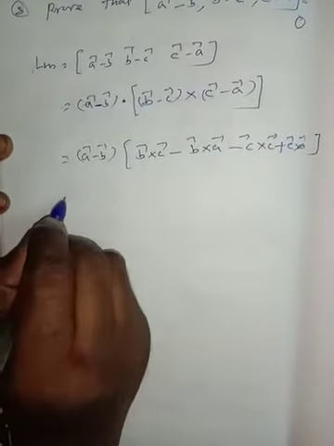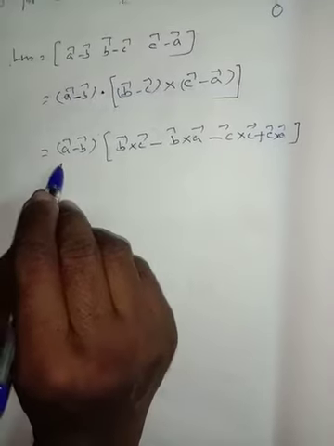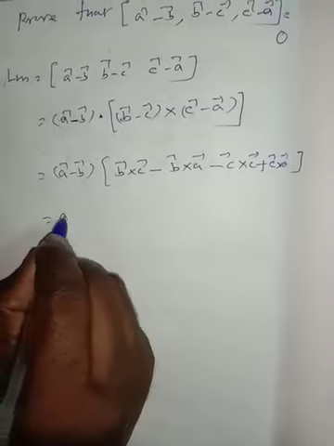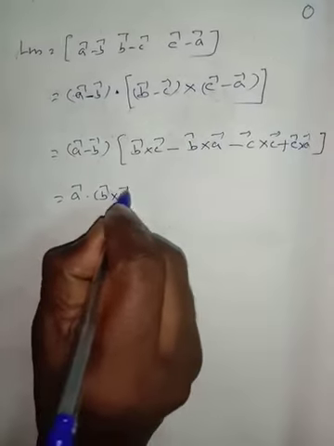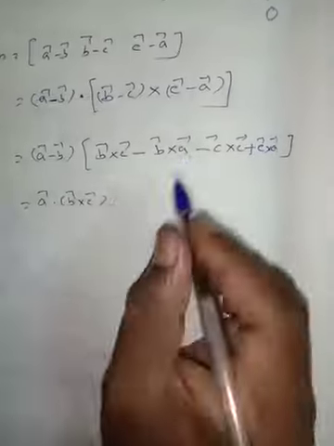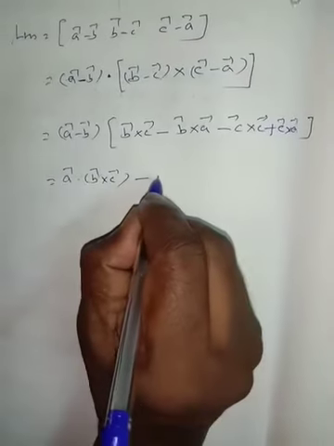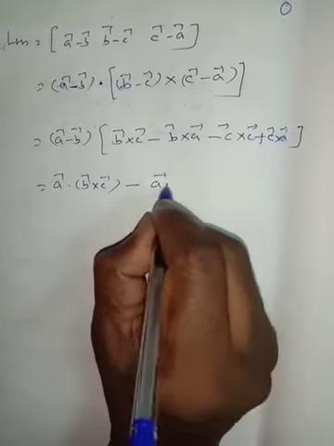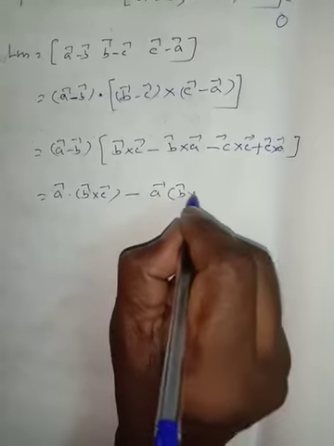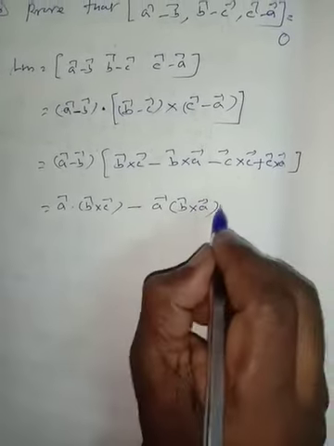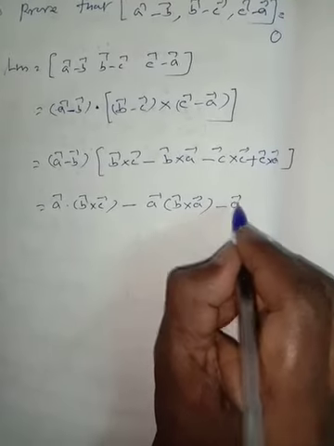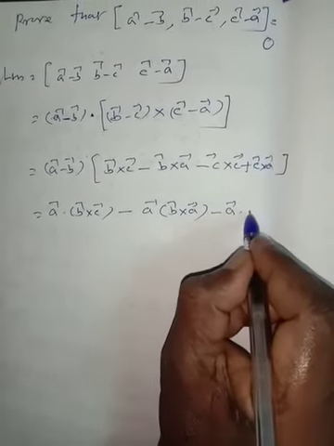Now first into b cross c, so a vector dot b cross c, next minus a vector dot b cross a, minus a vector dot c cross c.